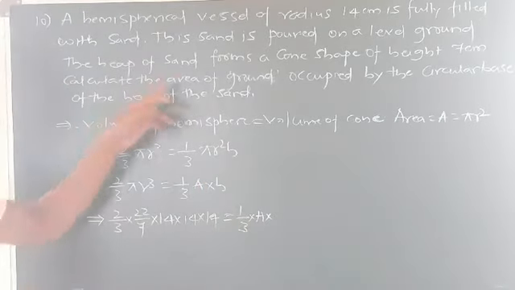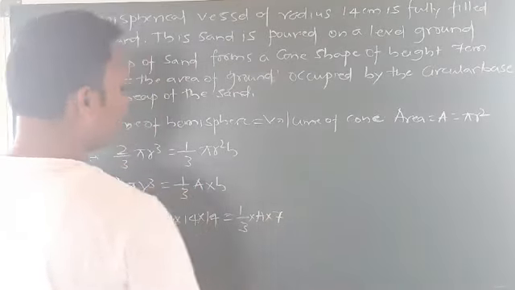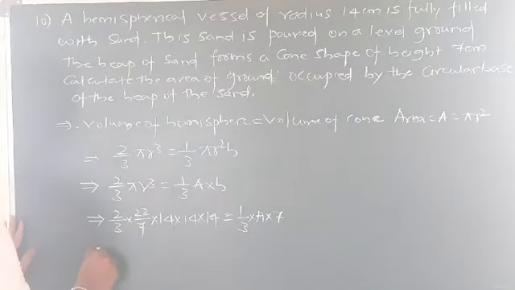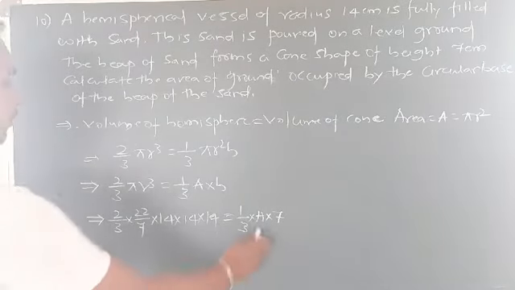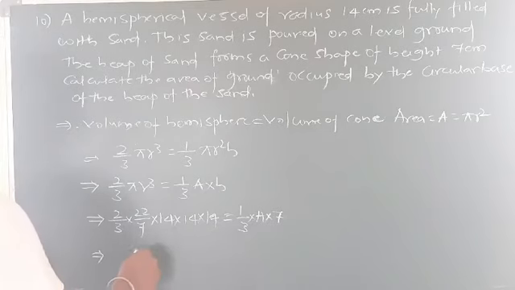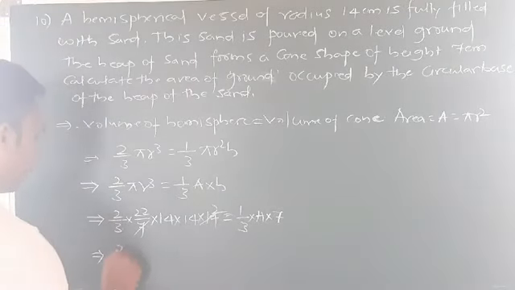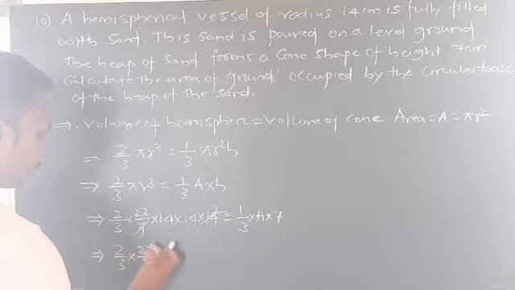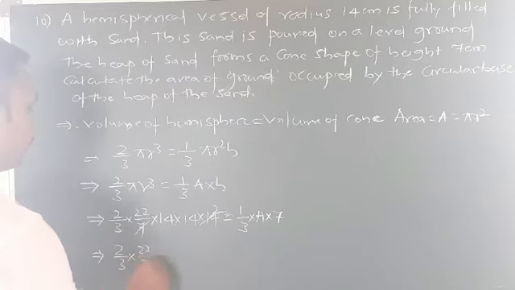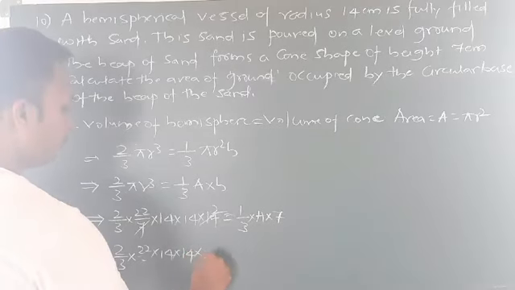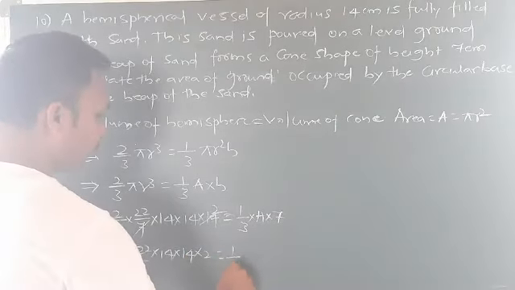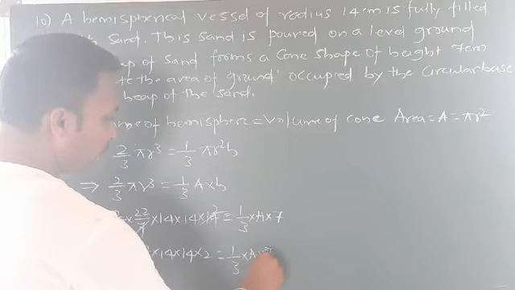The height of the cone is given as 7. Now do one thing, keep this 1 by 3 A on this side and take the remaining part. 7 ones are 7, 7 twos are 14. Now the remaining part is 2 by 3 into 22 by 7, so 7 is cancelled here, only 22 into 14 into 14 into 2 is equal to 1 by 3 into A into 7.